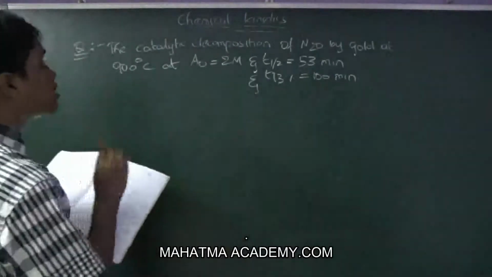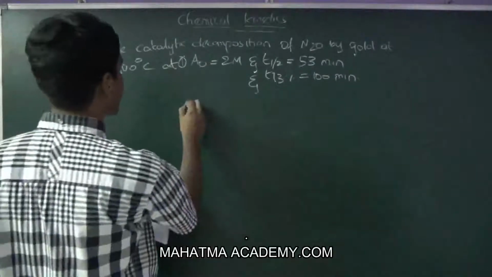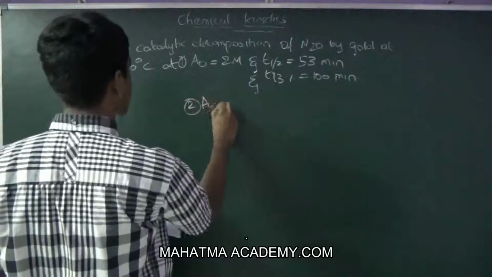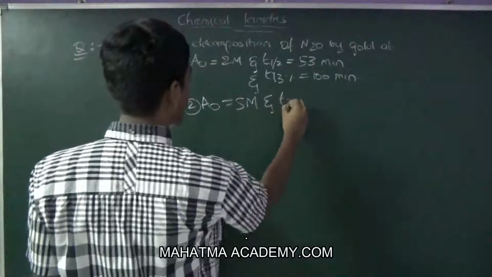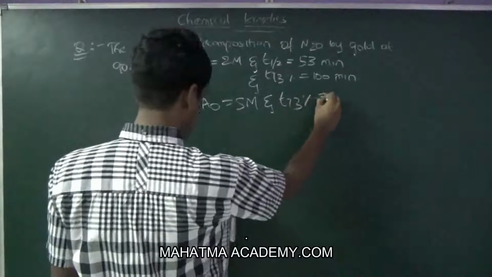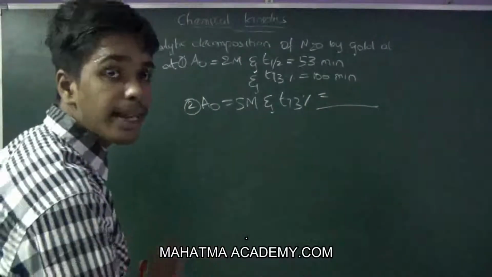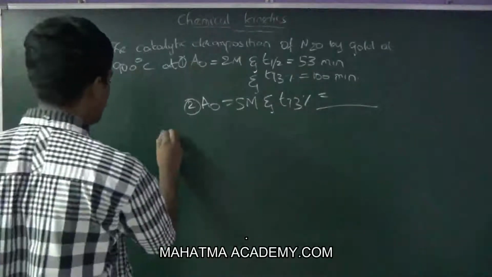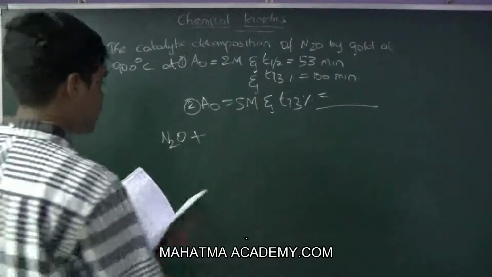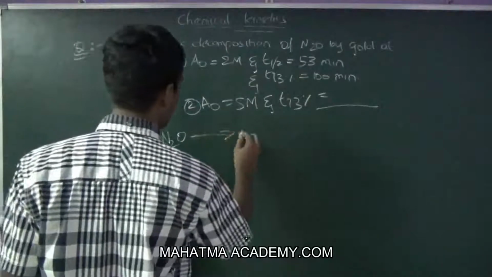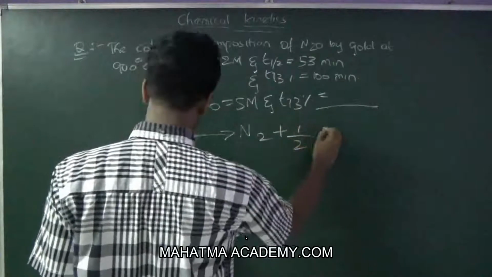Now this is for A0 is equal to 2 molar. If A0 is equal to 5 molar, then t 73% is equal to dash. Now there is an equation: N2O gives rise to N2 plus half O2.